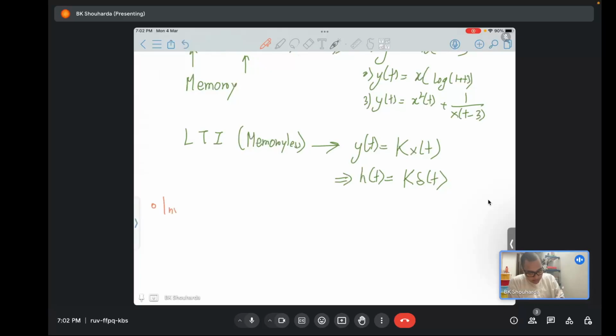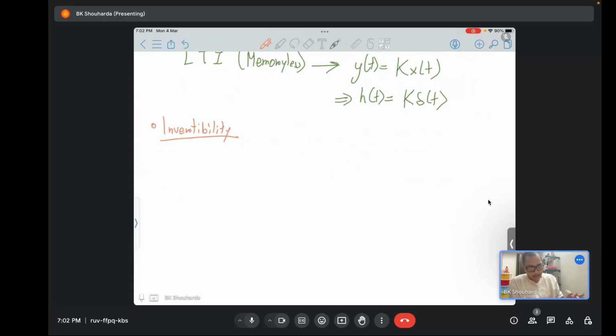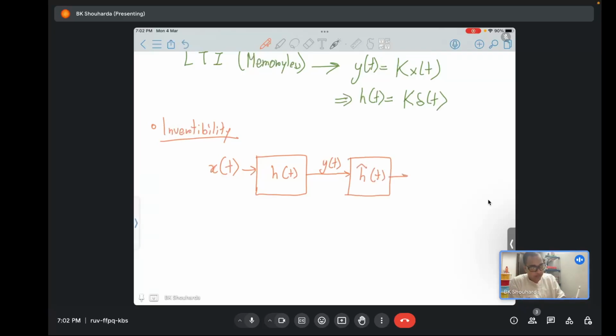Now let's look at invertibility. Let's say you have a system: you give the input x of t to the system h of t, and you get the output y of t. Now you create, or you get, another system h hat of t, such that the output of your system is x of t.